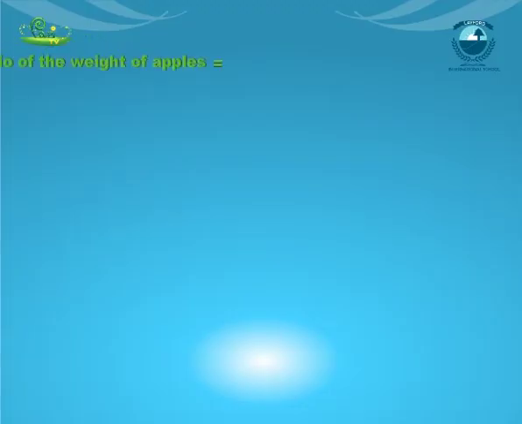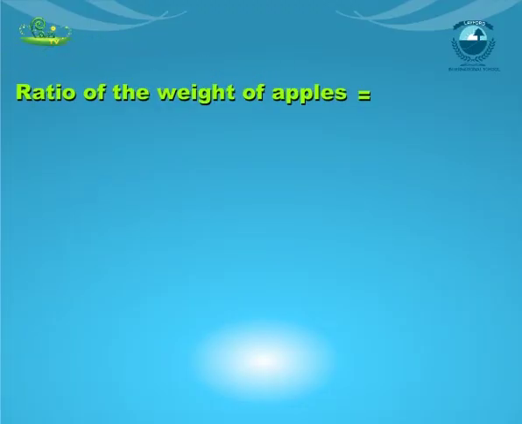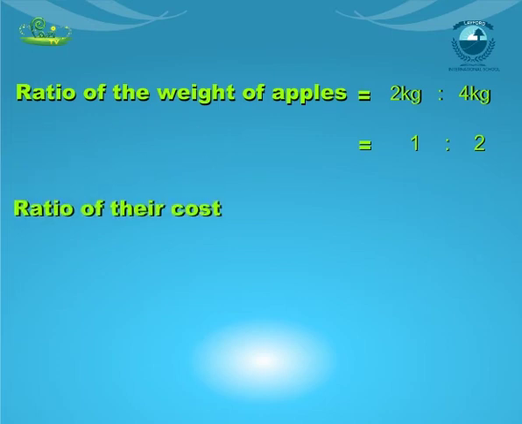Look here. Ratio of the weight of apples is equal to 2 kgs is to 4 kgs is equal to 1 is to 2. Ratio of their cost is equal to rupees 60 is to rupees 120 is equal to 1 is to 2.